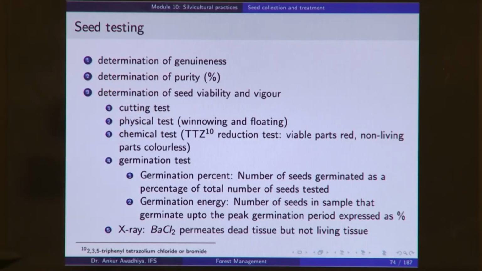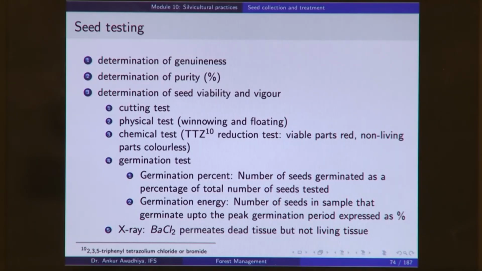Now, TTZ is 2,3,5 triphenyl tetrazolium chloride or bromide. This is a chemical which is reduced by those tissues that are living. So, you take your seeds, you cut them, you soak them in the TTZ solution, and those portions that are living will be stained red in color because they have reduced it to a red colored dye, and those portions that are non-living will be colorless.